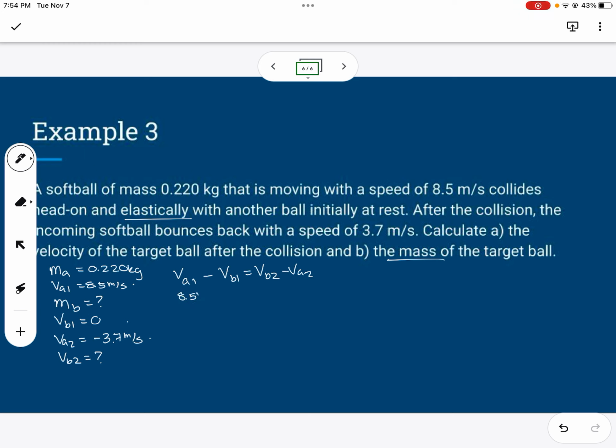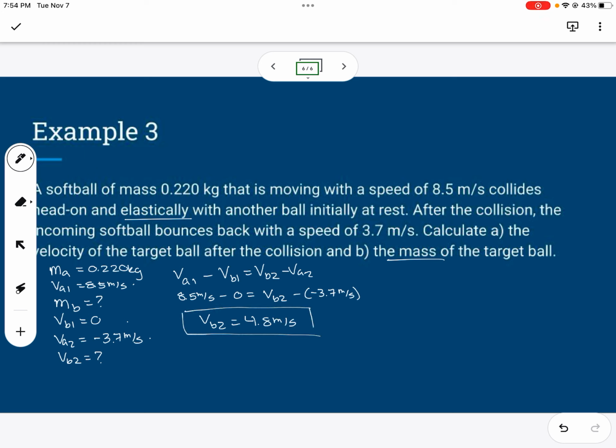So I have 8.5 meters per second minus 0 equals the thing I'm trying to find, VB2, minus negative 3.7 meters per second. Okay, so that 0 just gets canceled out. I'm going to subtract 3.7 from both sides, and we're going to end up with VB2 equals 4.8 meters per second. So that's the answer to part A.